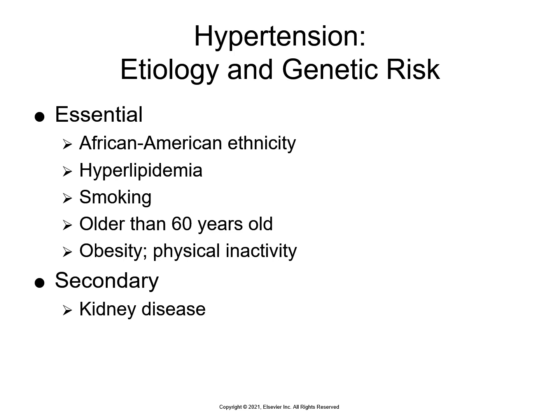Okay, essential hypertension, the genetic risk is for essential hypertension. Family history, of course. African American ethnicity is a cause of essential hypertension, hyperlipidemia, smoking, being older than 60, obesity, and physical inactivity. People who have risks of secondary hypertension include those who have kidney disease and people who have excessive stress.